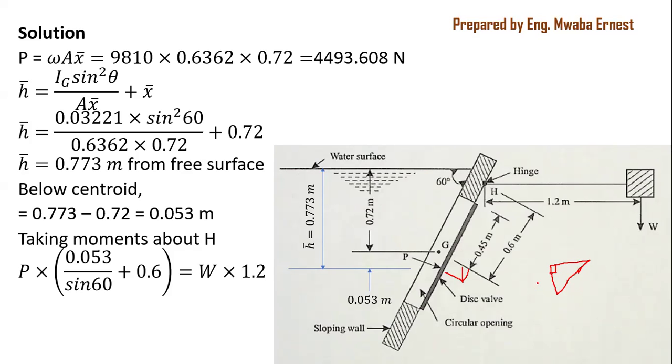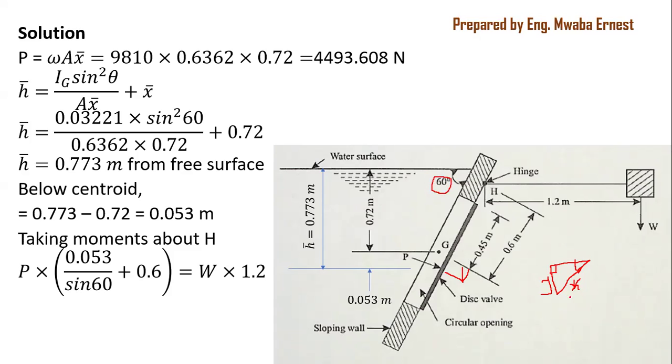This side we have been given, and we're looking for the hypotenuse. In fact, let me not use H, let me use something else, just a K. So the angle in this corner here is actually 60 degrees.